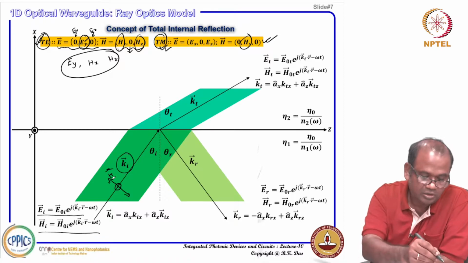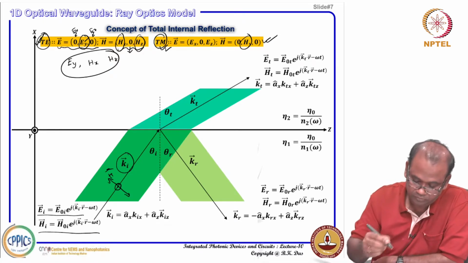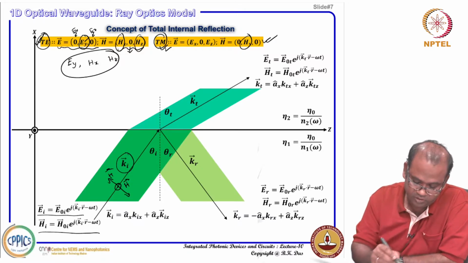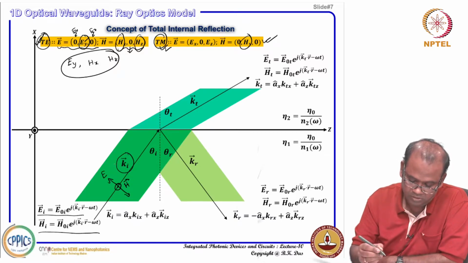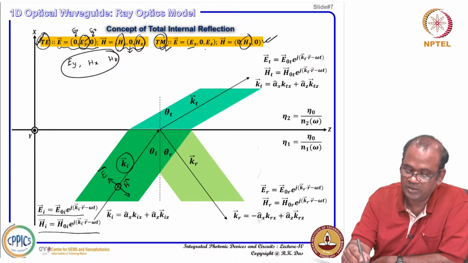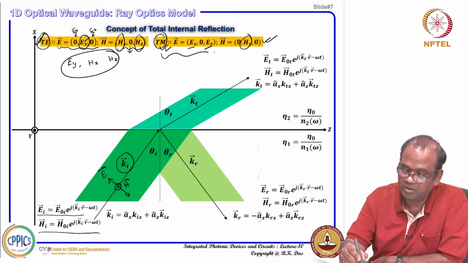This one will be your H field and this one will be your electric field. The electric field will be oscillating in the xz plane, so the x component and z component are there. In that case, that will be called TM polarization. So in this case we will have the Ex component, Ez component and Hy component.